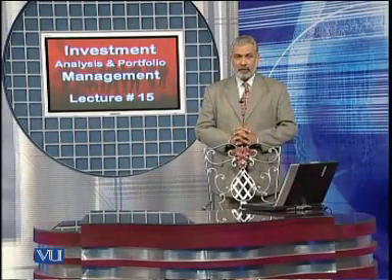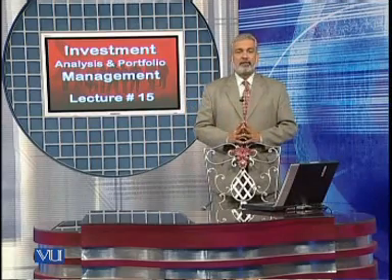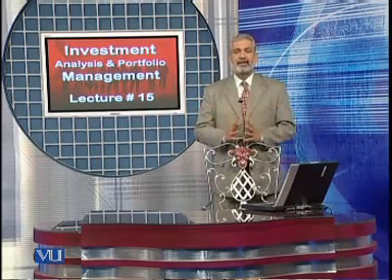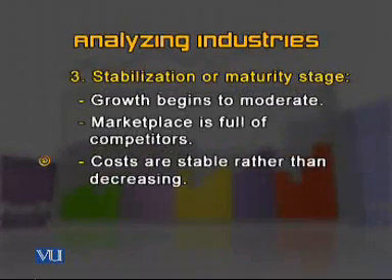Now, when we have competition, these companies which have become mature will have the capacity to bear the competition. And then the costs start becoming more stable, and in fact, they may reach a stage of decline in costs. Since things have settled down, these become important stages.